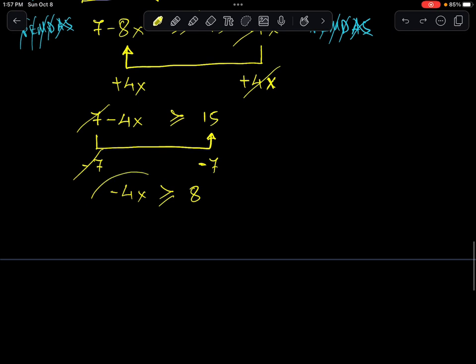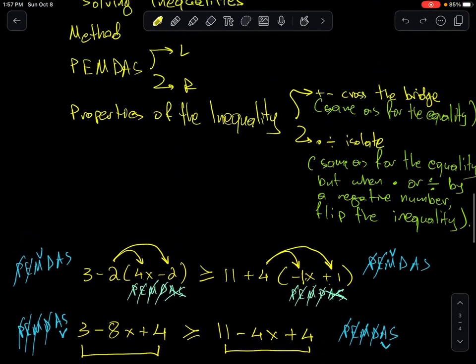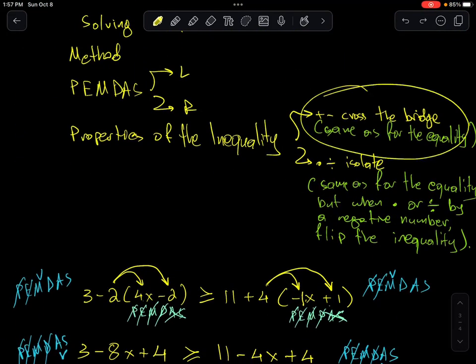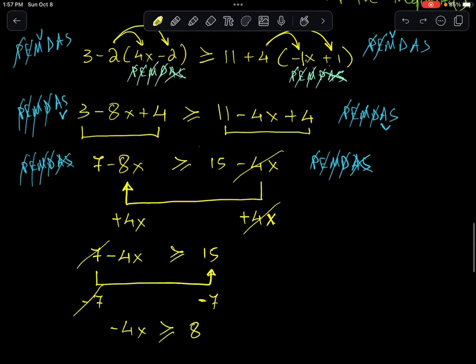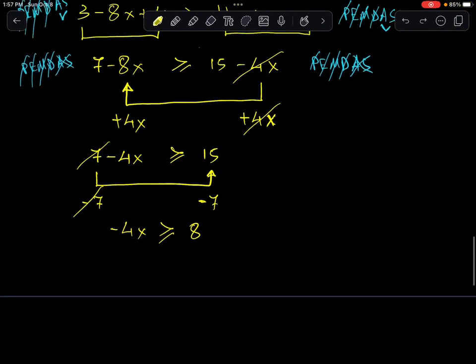Now, is there any other term to move across the bridge? No. So we have completed that part using addition and subtraction properties of the inequality or equality to cross the bridge. Here we have both an inequality and an equality.